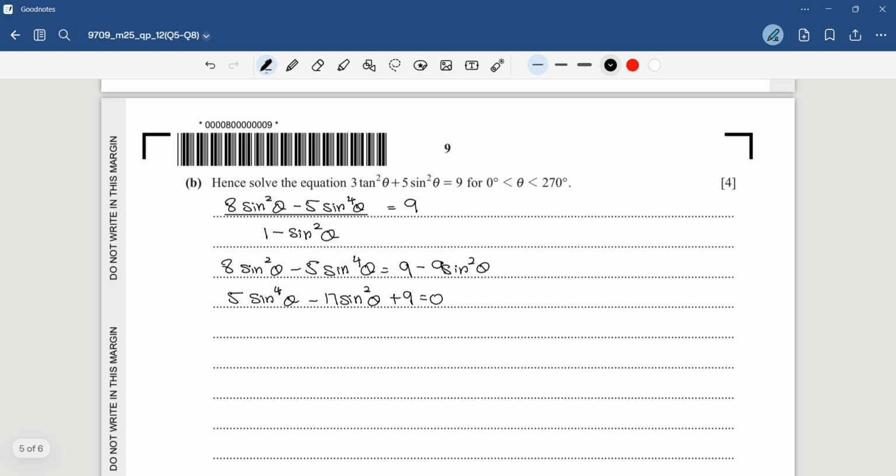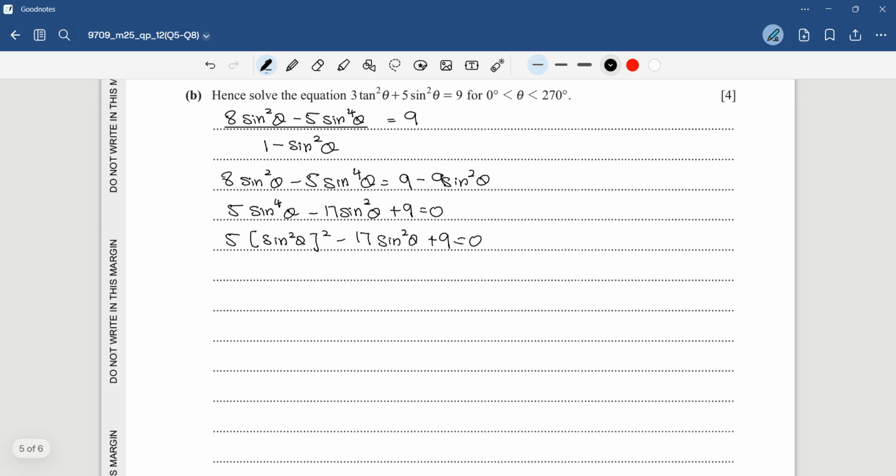If you're not able to see the quadratic, maybe we can rewrite this as 5 times sine square theta, squared, minus 17 sine square theta plus 9 equal to 0. So this is a quadratic form. We cannot use factorizing, so we use the quadratic formula.